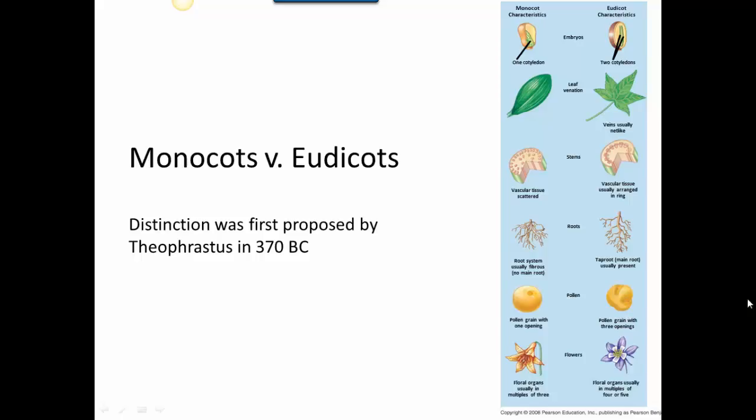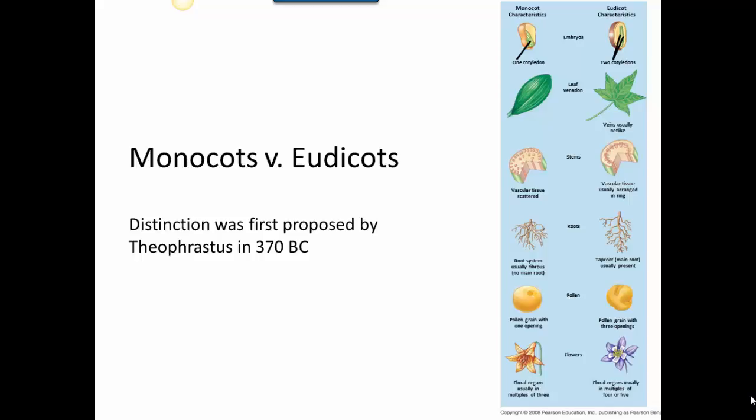And if you take a look at their flower, you generally see that the eudicot flower has floral parts in multiples of 4 or 5. So 4 or 5 petals and sepals and stamens, and sometimes carpels. So all eudicots have these characteristics.